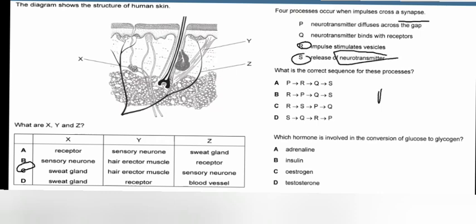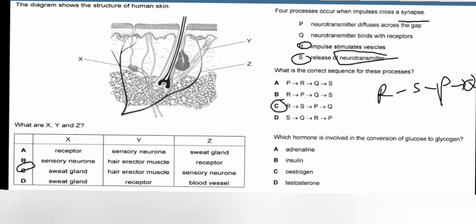So we have R followed by S. Then once the neurotransmitters are released by the vesicles, P is going to follow, where the neurotransmitters diffuse across the gap. Then the last one definitely is Q, where the neurotransmitters bind with the receptors. So the answer here is C.